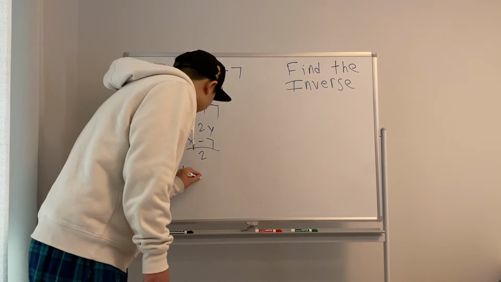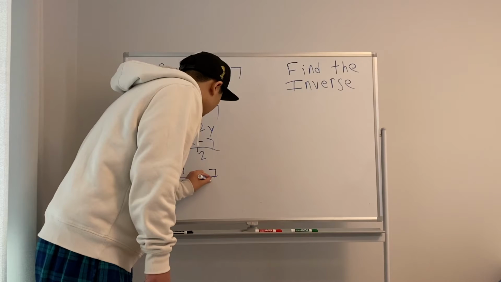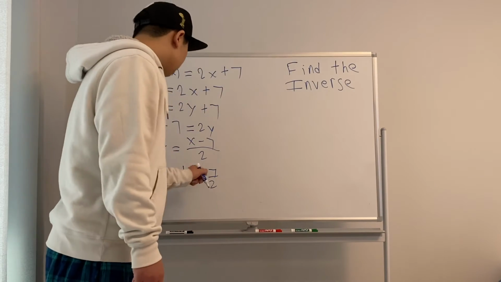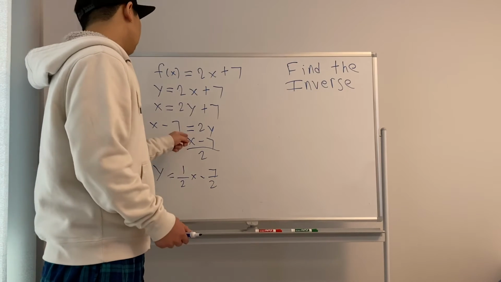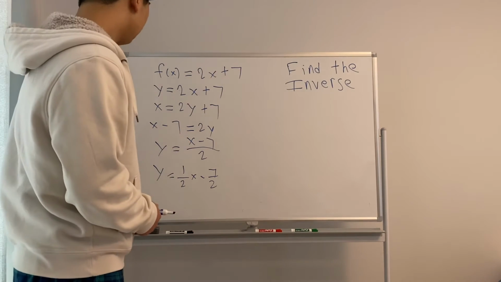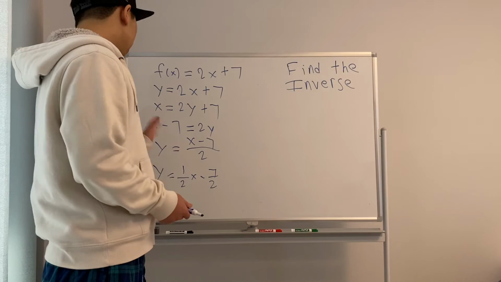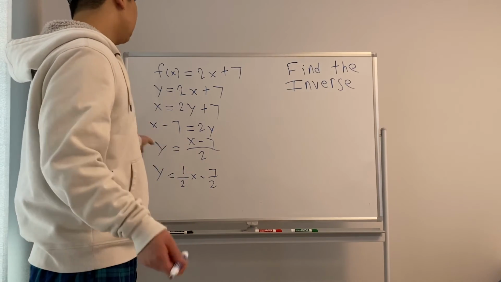You could also write it like this, but when you're just learning, your teacher's probably going to be okay with it being like this. Anyways, once you have this step, you're pretty much done.